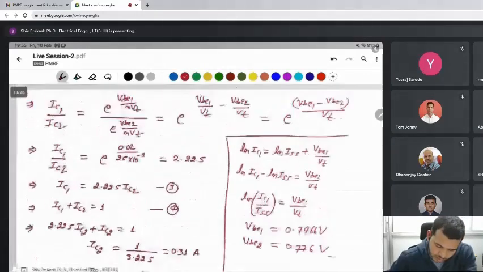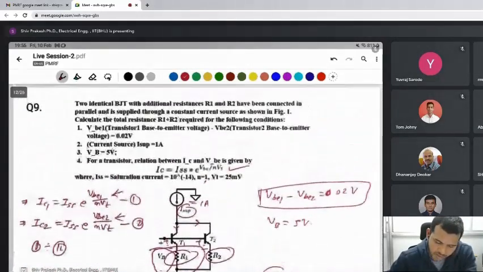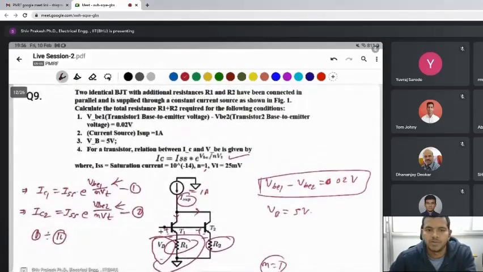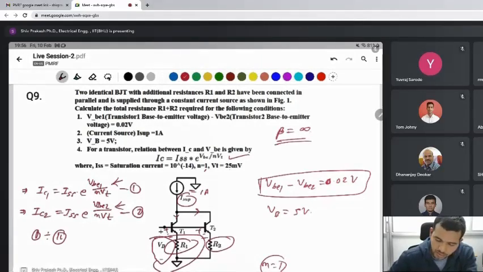Here the beta value is not mentioned. If beta is not mentioned, you can take beta as infinity. Then IC is equal to IE and IB is equal to 0.